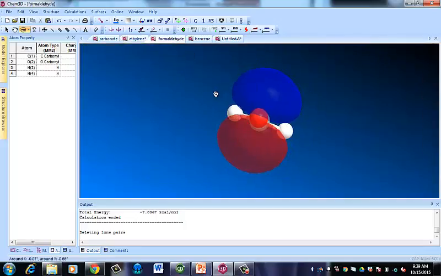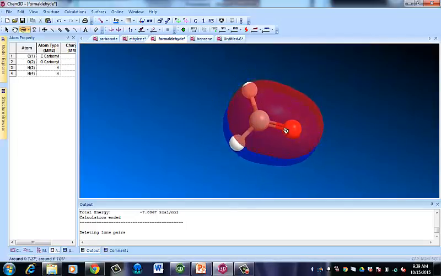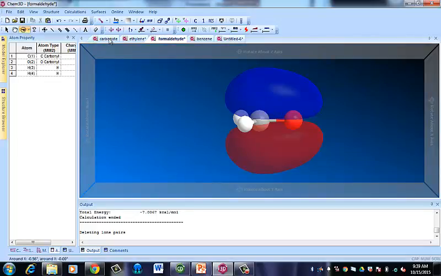Formaldehyde, CH2O, same idea. You've got the pi bond between the carbon and the oxygen, because there's a double bond between the carbon and the oxygen. The pi bond looks like a hamburger bun, but it's a hamburger bun that's basically around those two atoms. Delocalized pi bonds can be found in things like the carbonate ion.